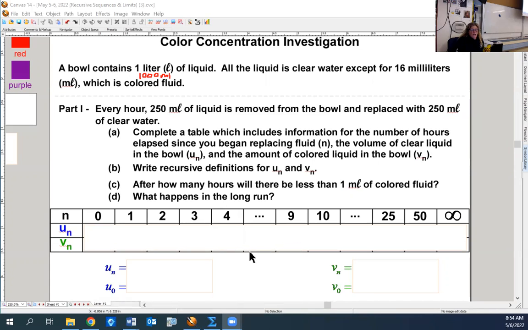So every time we take out 250 milliliters, 75% of what was in there is left, but now we're adding back 250 clear water. Make sense?